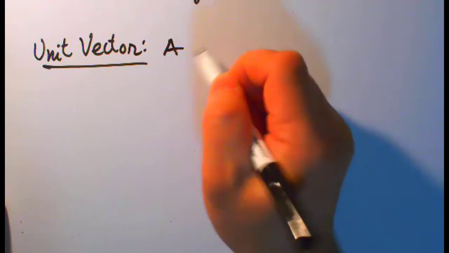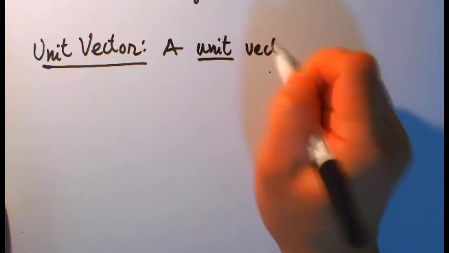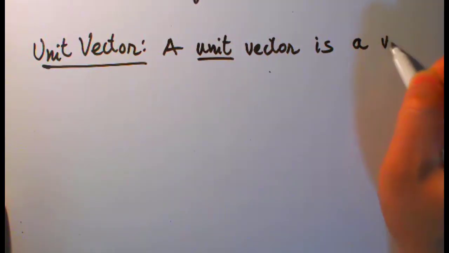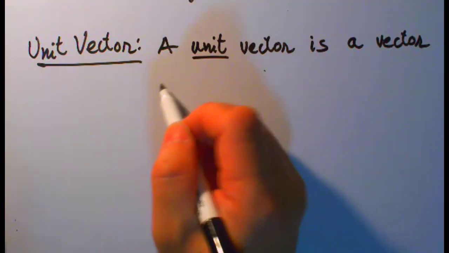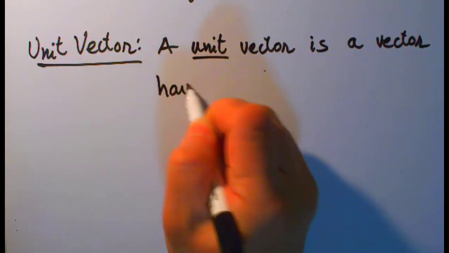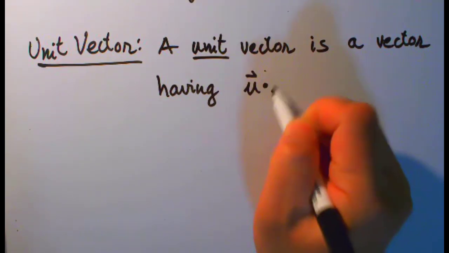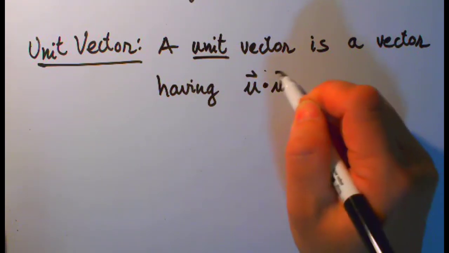So a unit vector is a vector having the dot product with itself equals 1.